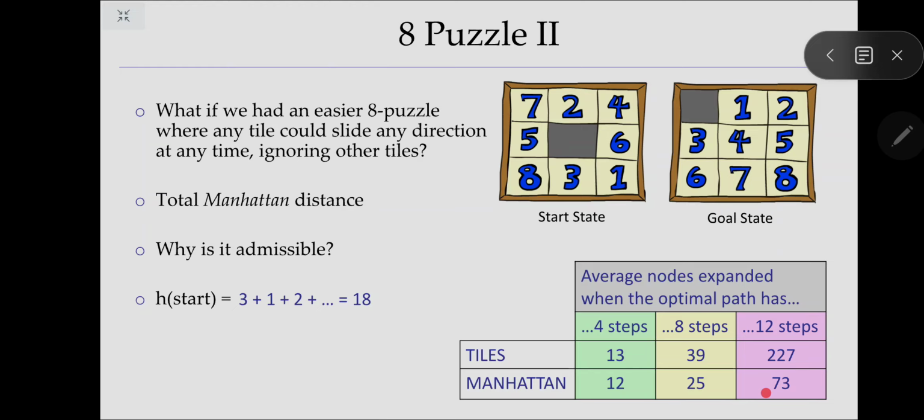This simple example shows that it's better to improve the quality of the heuristic.